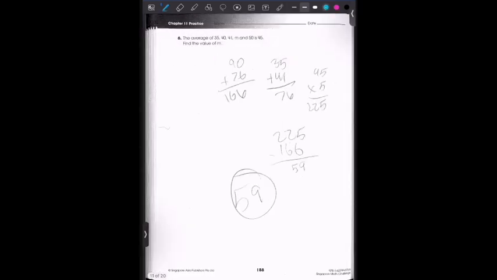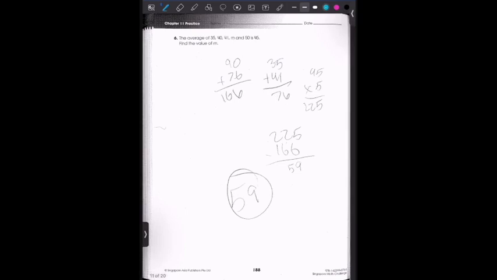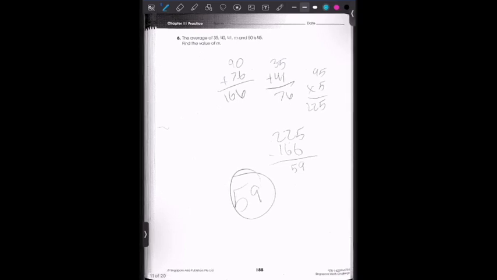Next, we're going to move on to another practice problem. The average of 35, 40, 41, m, and 50 is 45.